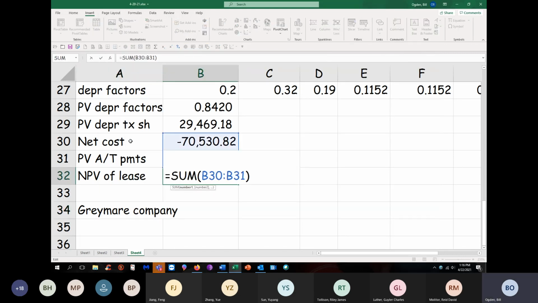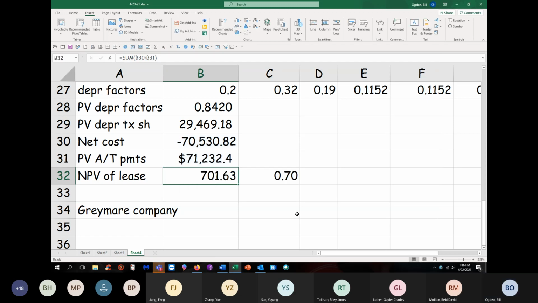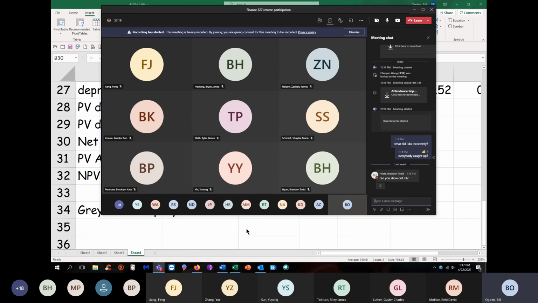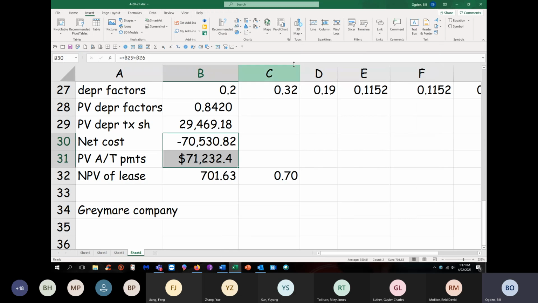It's just the sum of the net cost and the present value of the after-tax payments. So do we have one of these perhaps not correct, or what's going on here? Let's see what we got. Oh, sorry, C. Well, I like B's better, okay?